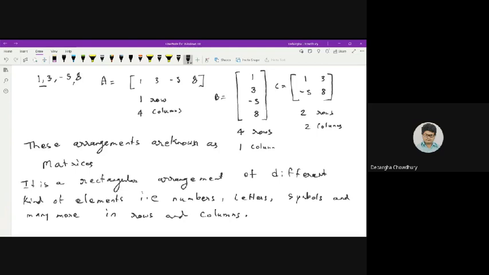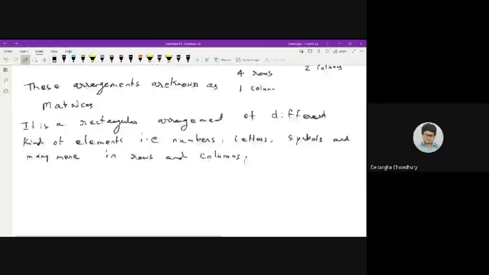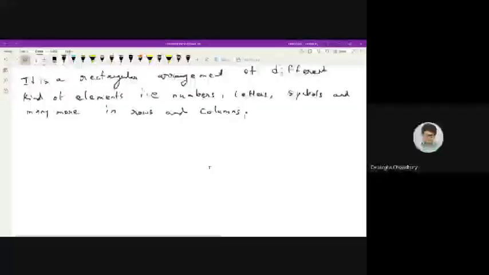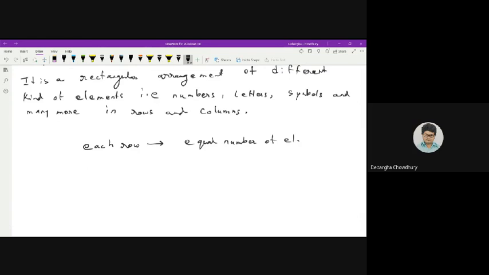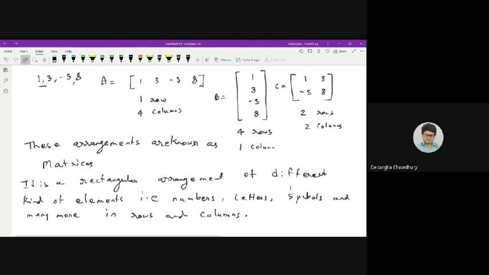Now, while arranging, we need to keep in mind only one condition: each row should have an equal number of elements. Let us see what it means. In matrix A there is only one row, so we cannot compare it with any other row; it has four elements.